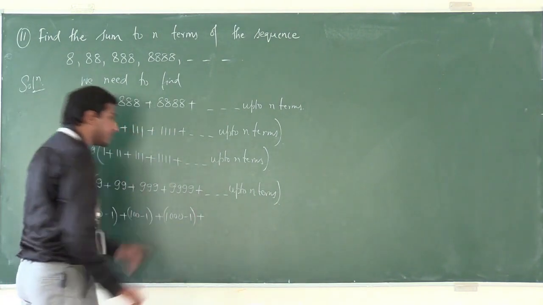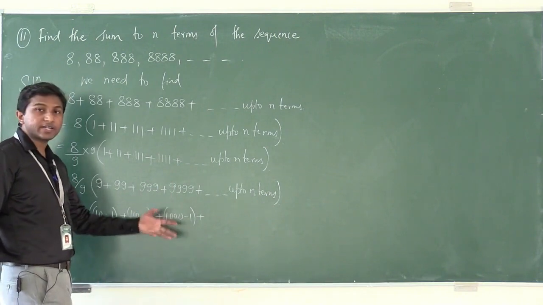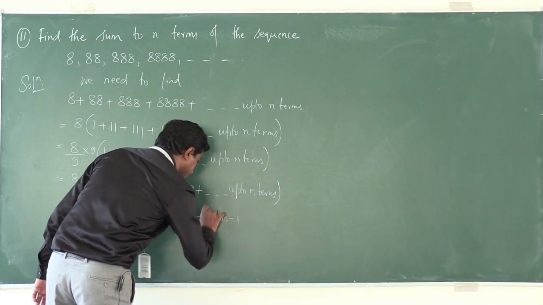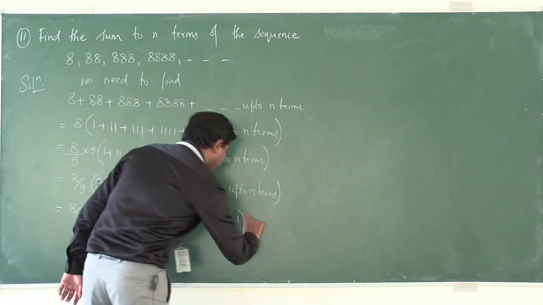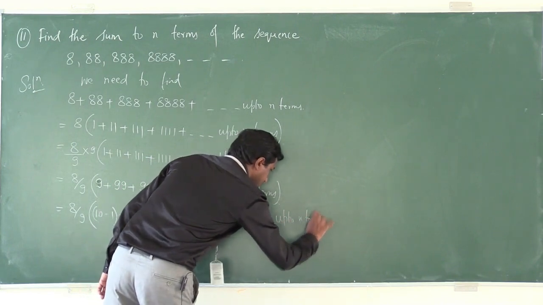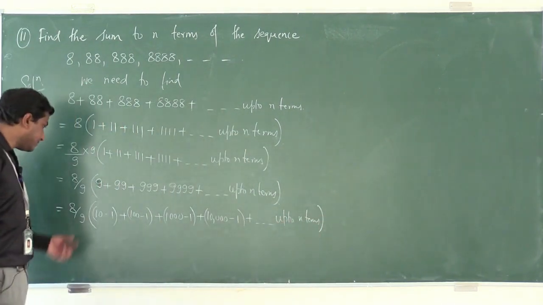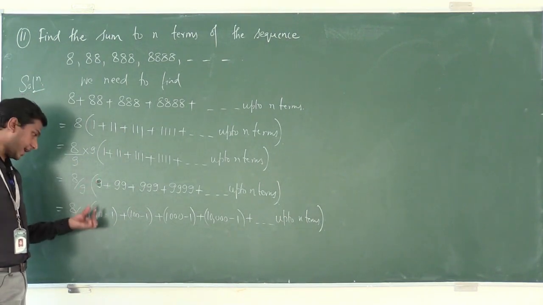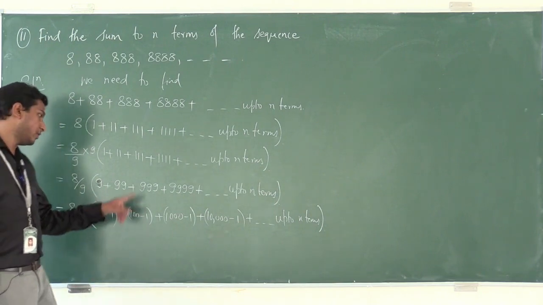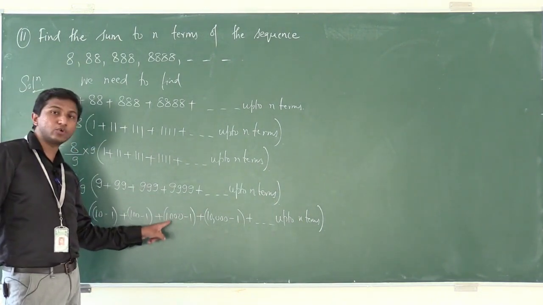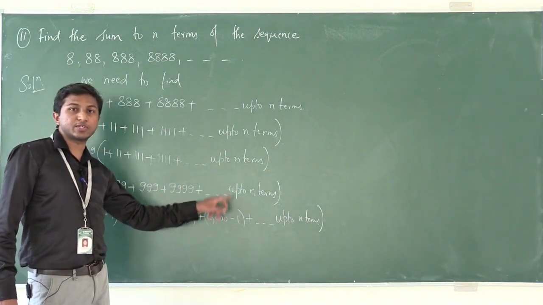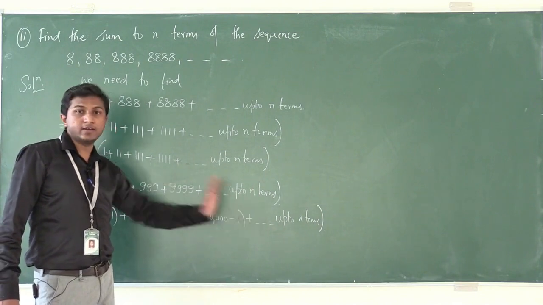Then 9999, I can write it as 10,000 minus 1, plus so on up to n terms. So what have we done? I have written 9 as 10 minus 1, 99 as 100 minus 1, 999 as 1000 minus 1, 9999 as 10,000 minus 1 up to n terms.